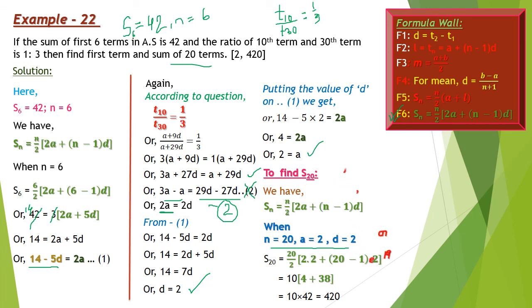Now the sum is 420. Hence, first term a is 2 and S20 is 420.